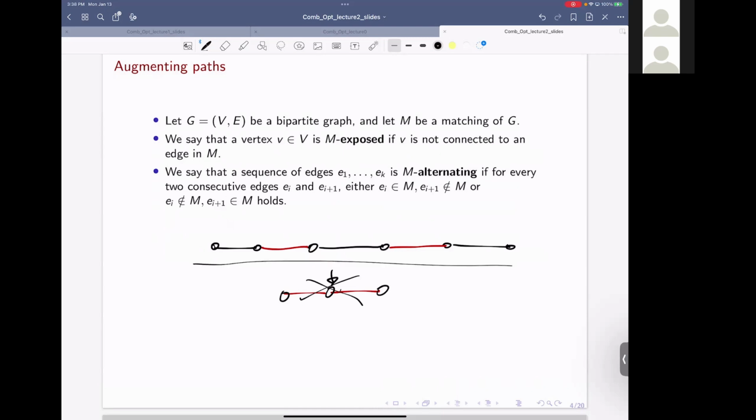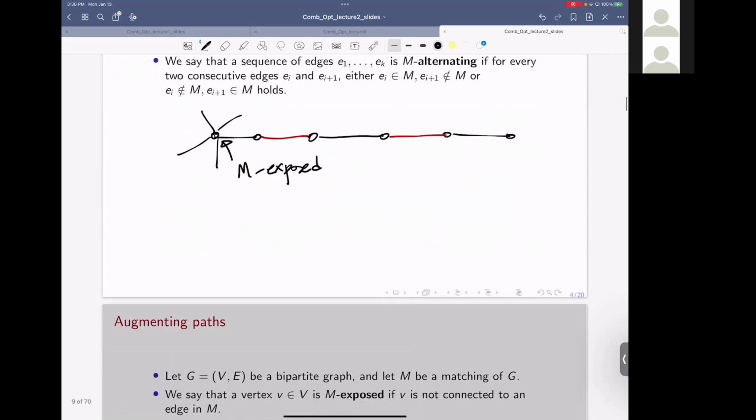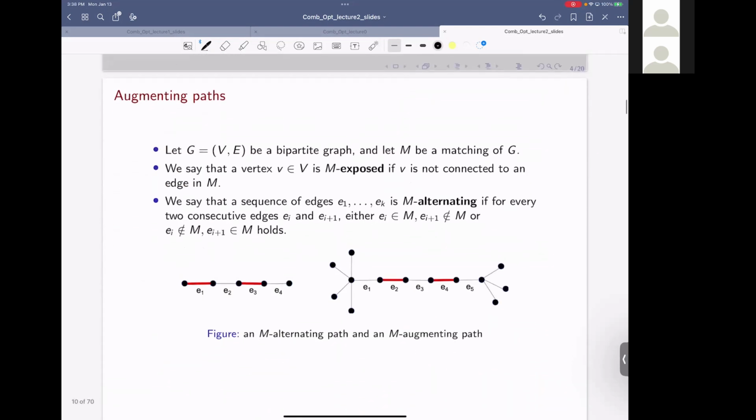And if you have a vertex right here that is not incident to any of the matching edges, we say that this is M exposed. This path from vertex U to V is also alternating.